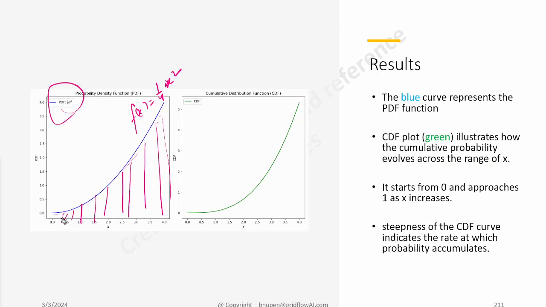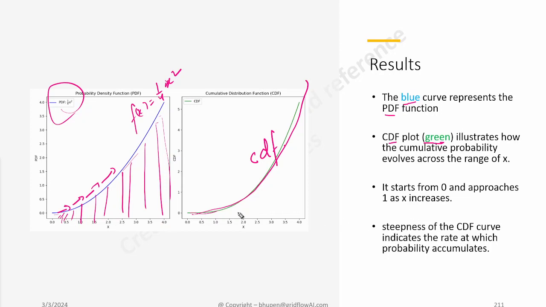Now, when we take all of these points and cumulatively go on adding, then we get an increasing probability curve, and this is called CDF. This is useful in determining the exact probability of a particular value. So the blue curve is the PDF, and the green one is the cumulative density function, and it starts from 0 and approaches 1, because probability is going to be 1 anyway, right? Cannot be more than 1.